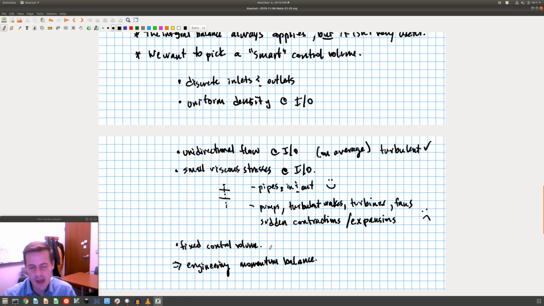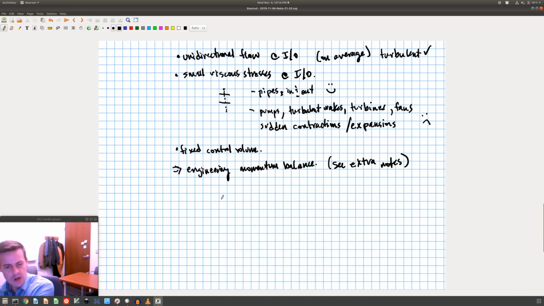I'm not going to derive this for you right now, but you can see my extra notes for how, if I use these assumptions, I can get to the engineering momentum balance. But I'll try not to bore you too much with the math.